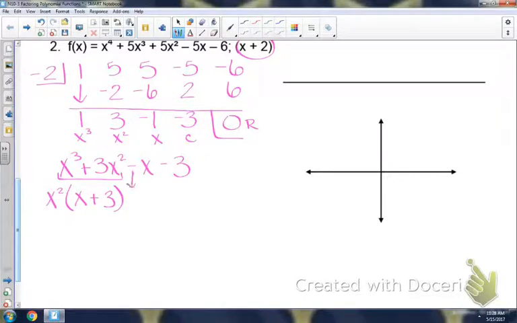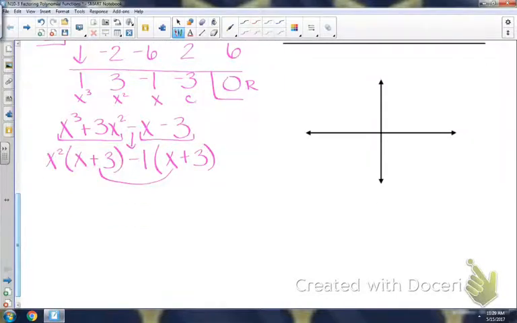Middle sign we always bring down. Notice they don't have anything in common, but we have to put a 1 there. And actually we're taking a negative 1 out, so we're dividing each one of those by negative 1, which would change it to positive x and positive 3. Remember, those have to match or you did something wrong with the grouping. This is not our answer.